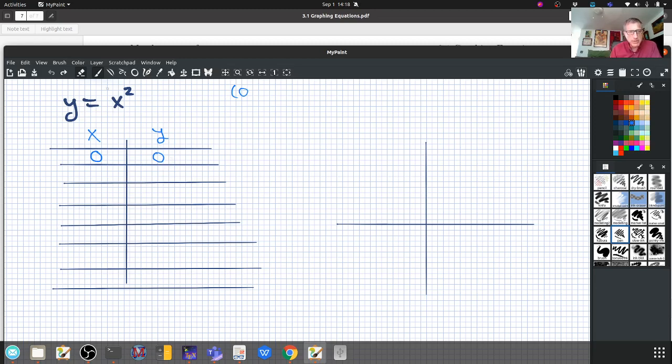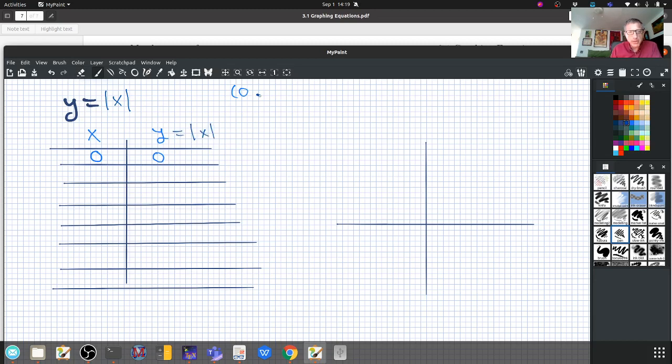So all I'm going to do is change our equation. Our equation was that y is equal to the absolute value of x. I need to erase, yeah, it's fine. So y is equal to the absolute value of x.